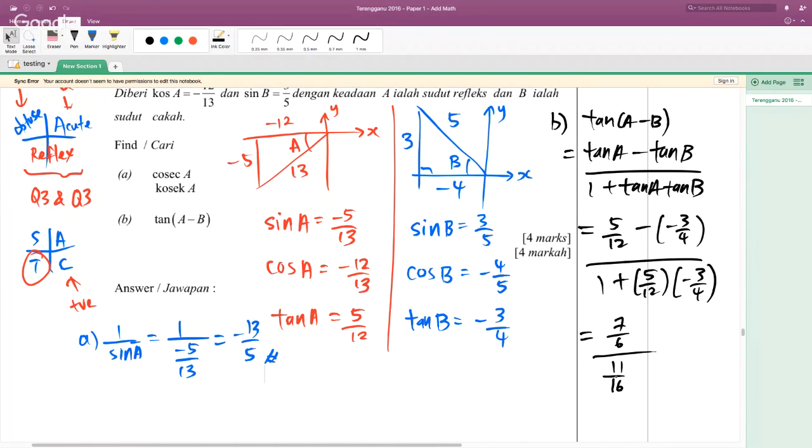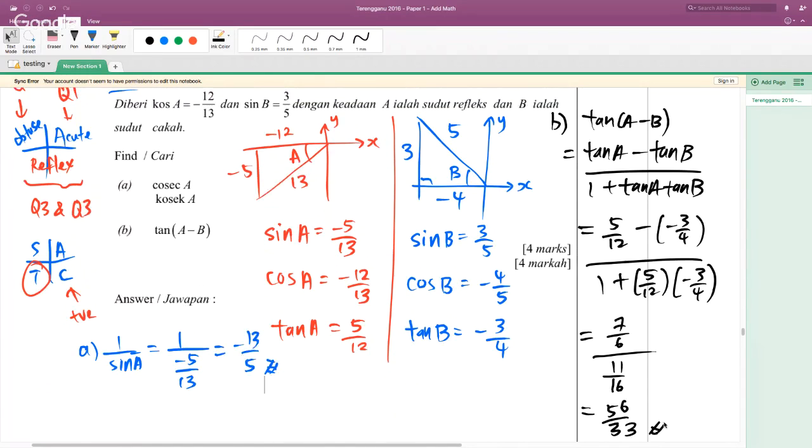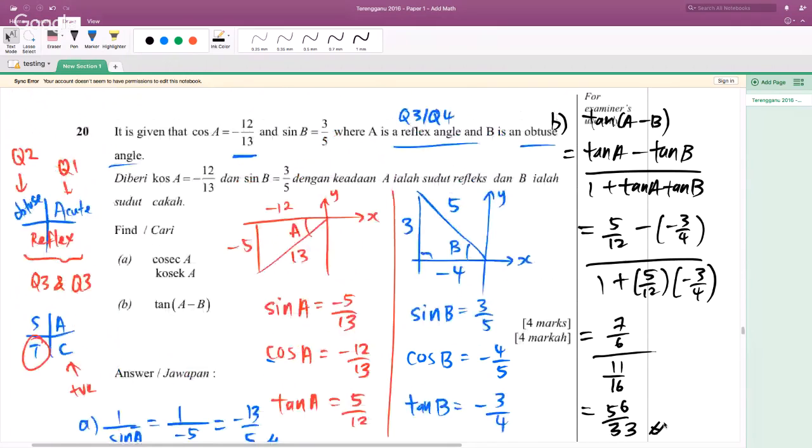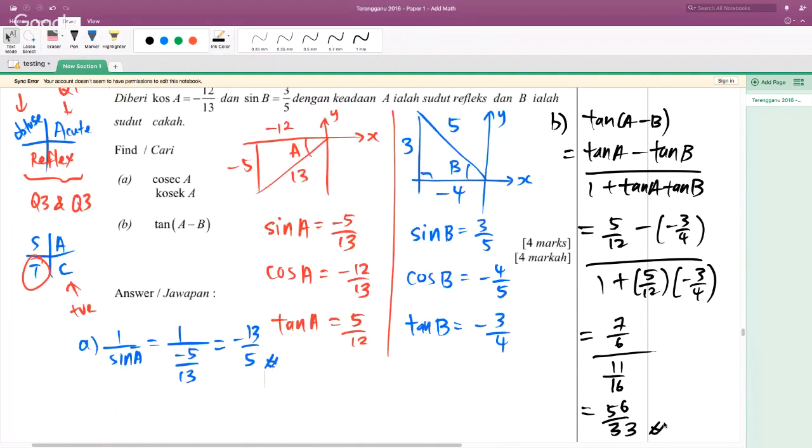So 7 over 6 divided by my answer just now. My final answer is 56 over 33. I hope it's correct. This answer is so weird, at least I feel it's a bit weird. Which question is this? This is question number 20. Okay, question 20. Yep, my answer is correct.